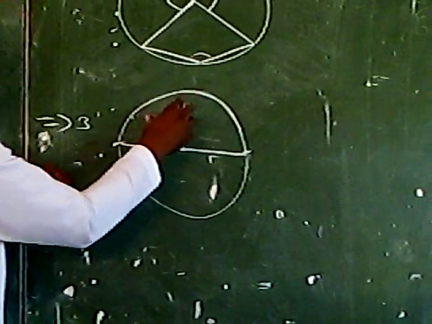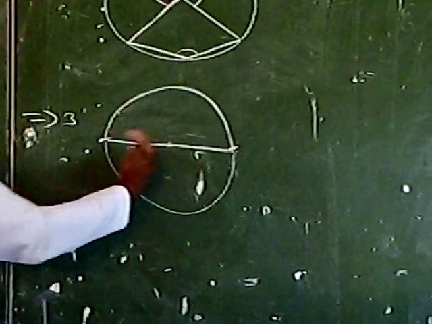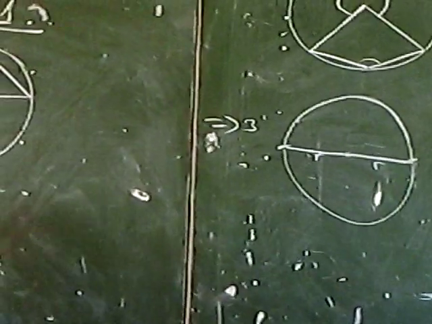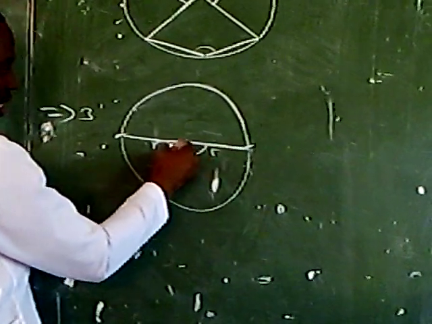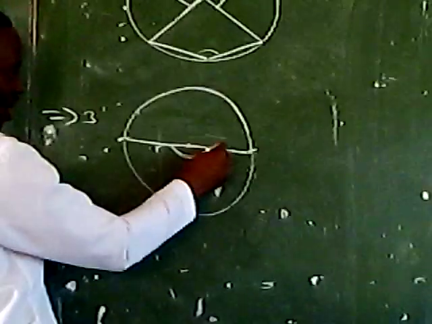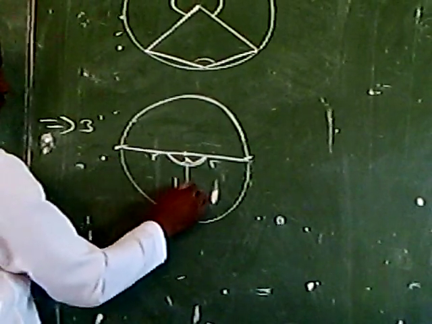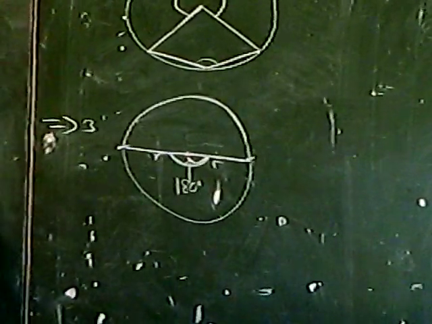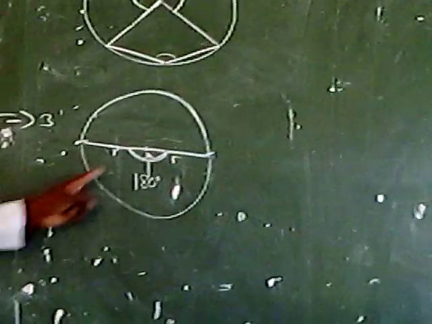Take note by definition. Now, it also happens that we can use the same principle, theory number 2, where we say the angle at the center, suppose we take this angle here, we see that it is 180 degrees.